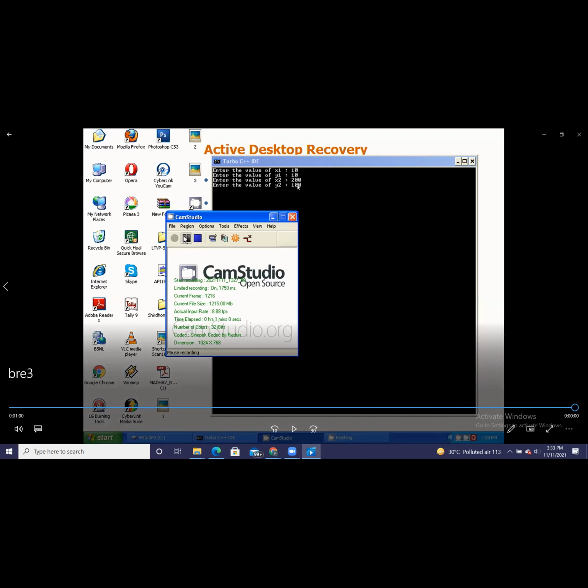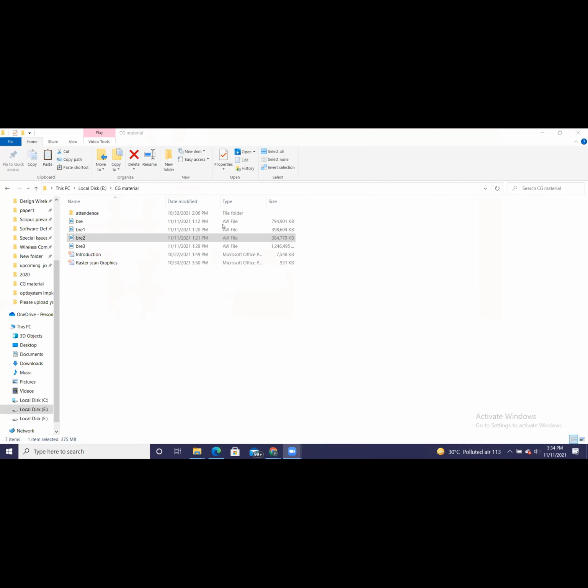Okay, so I have taken these 4 values. Earlier, in the DDA line drawing algorithm, if you remember 10, 10 to 200, 100, we were not able to get a line. We were able to get a line only if it was horizontal, vertical, or 45 degree. But now with this, we are able to get the line. So I will display the output for you.